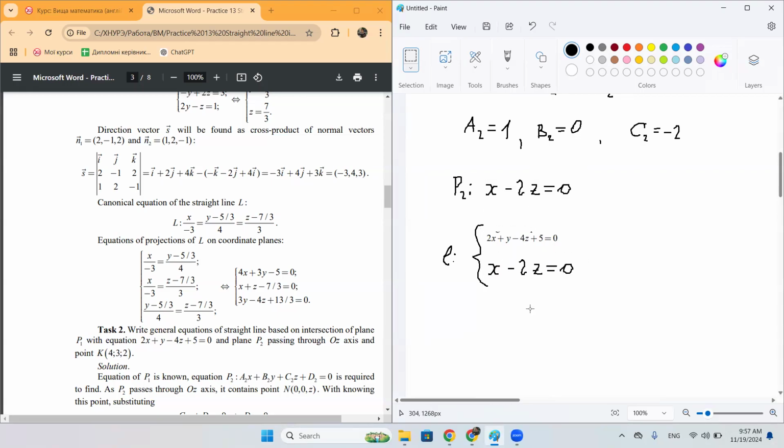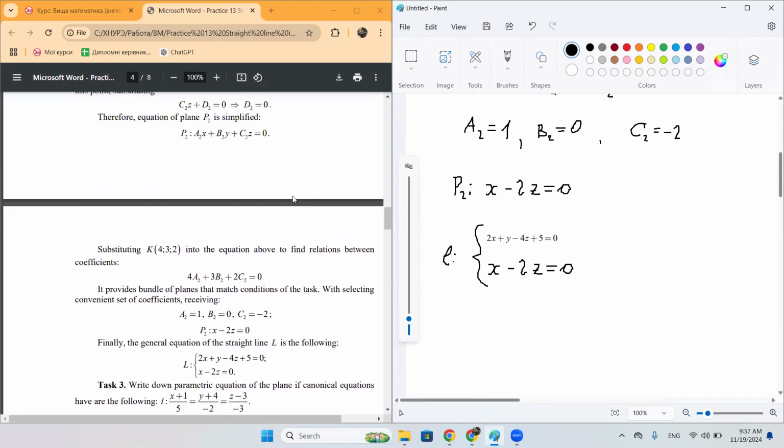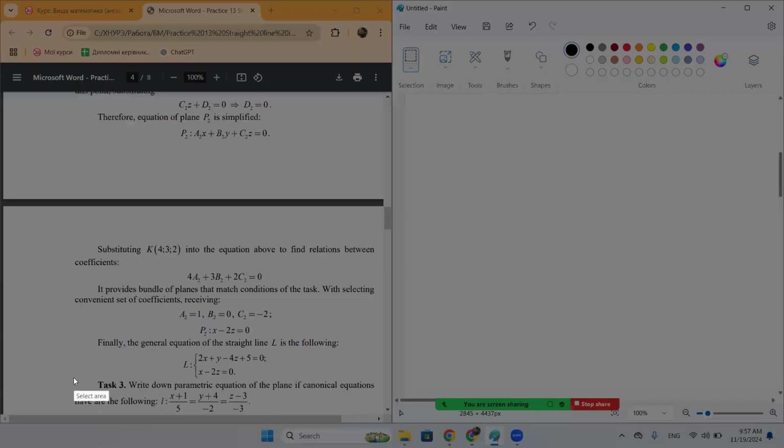Any questions about this task? No questions. Okay, so let's continue. So we have a canonical equation of the straight line, and let's write down the parametric form.